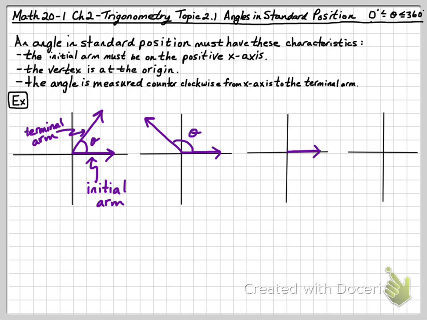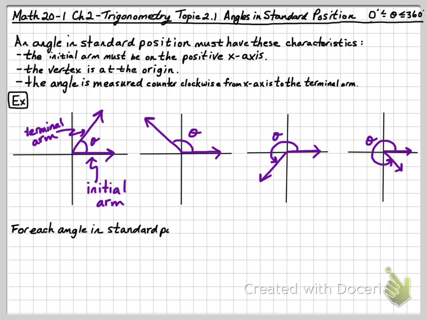In the third picture, our terminal arm is going to be now in the third quadrant, and our angle measure is going to be greater than 180 but less than 270. And lastly, our angle in standard position is going to measure between 270 and 360. That is going to be the measure of our angle in standard position.